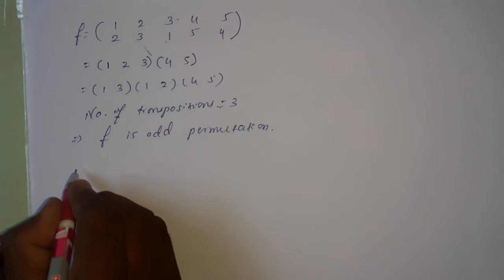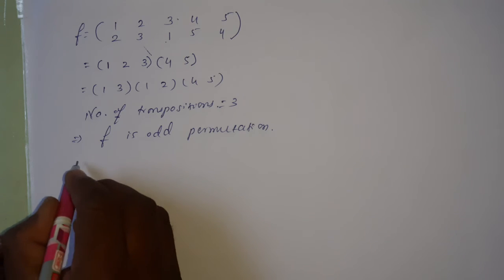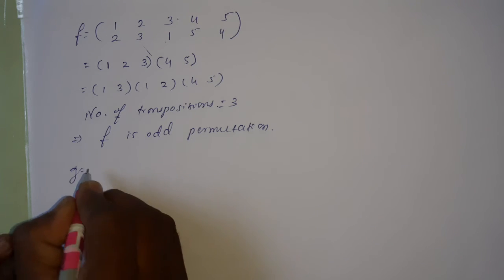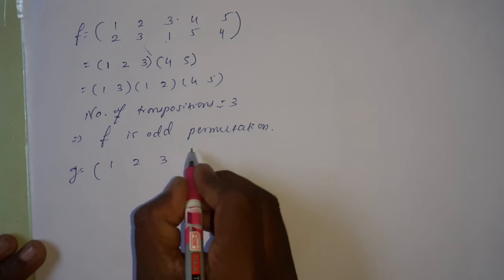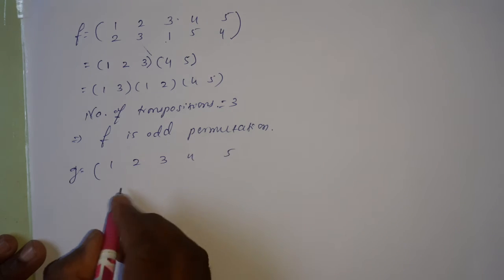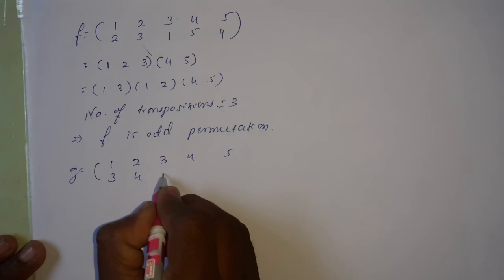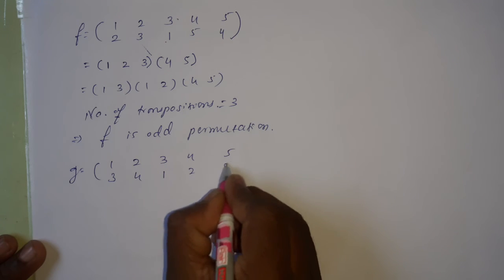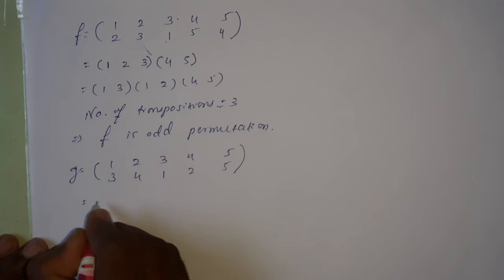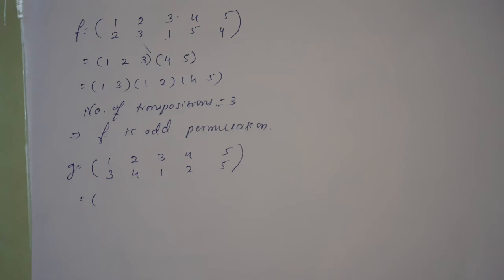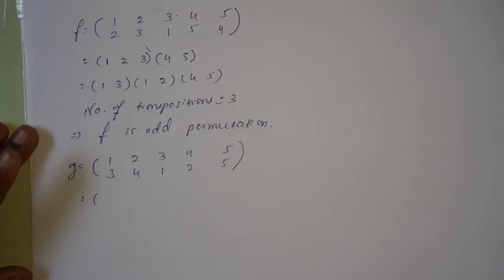Next, let us consider G. G equal to 1, 2, 3, 4, 5, and the images are 3, 4, 1, 2, 5. Now how to write the cycles here, because G is not a cycle.